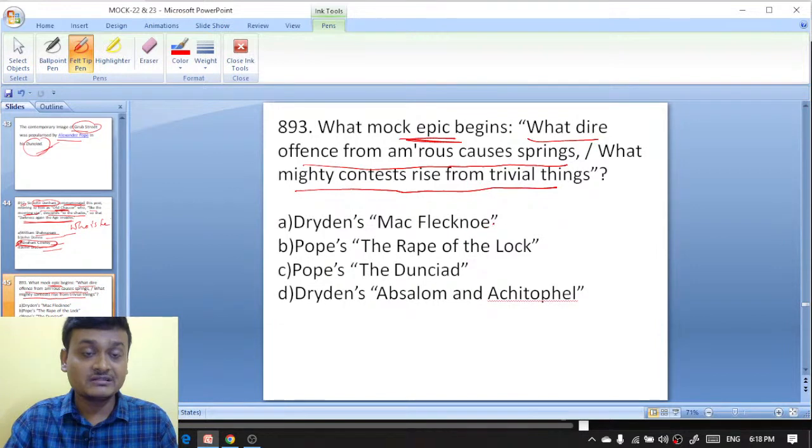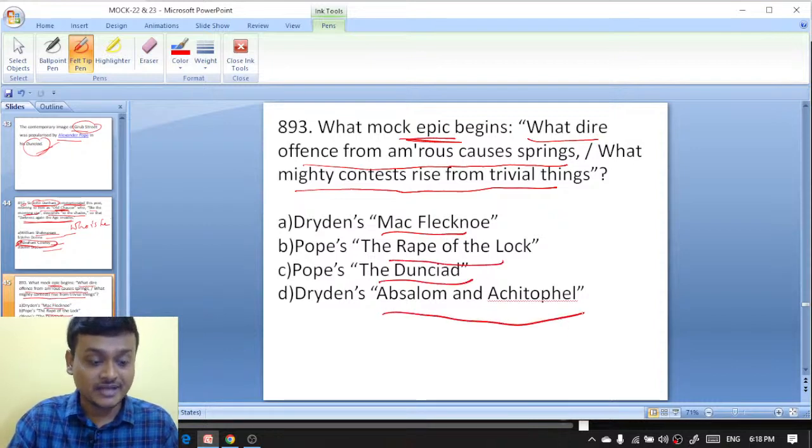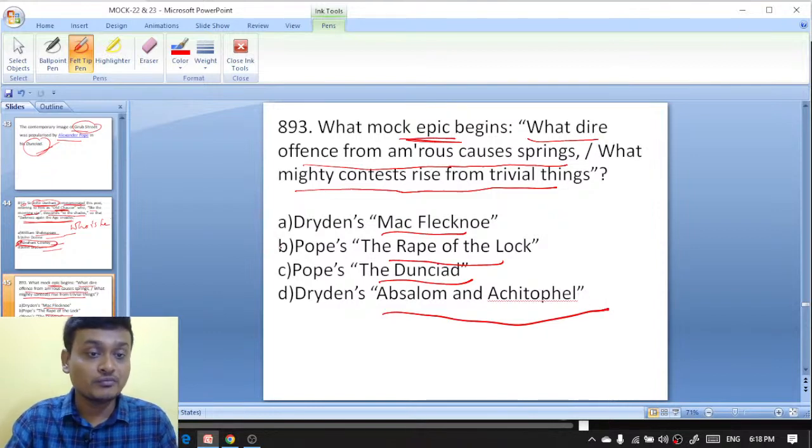Out of trivial things, there is a fight, there is an offense. Dryden's Macflecknoe, Pope's Rape of the Lock, or others. These are the famous opening lines of Pope's Rape of the Lock that came in three editions.